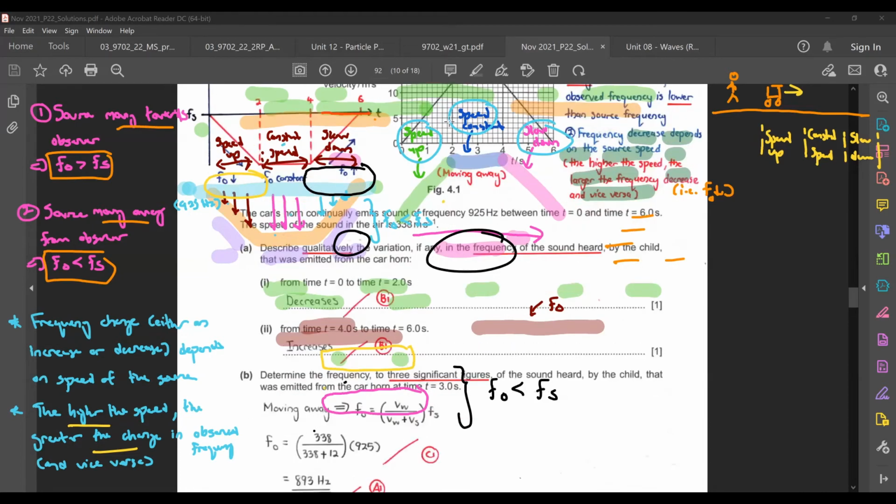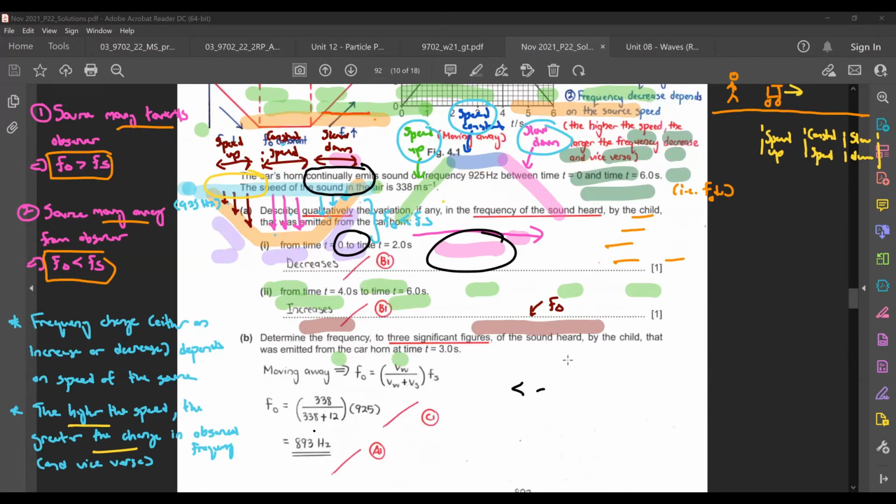Okay, so now if you look at part B, we want you to determine the frequency to 3 significant figures of the sound heard by the child that was emitted from the car horn at time t equals 3 seconds.